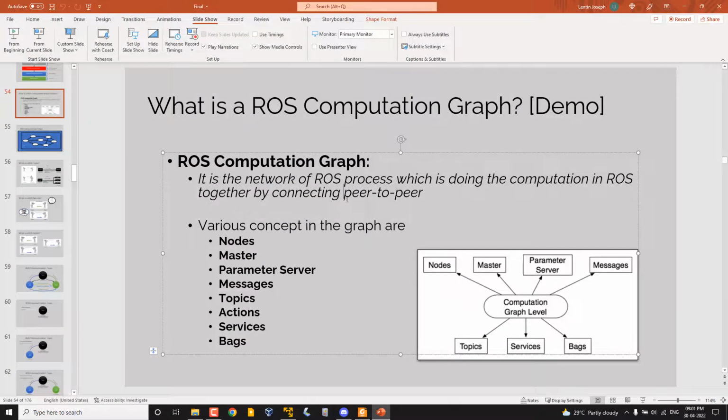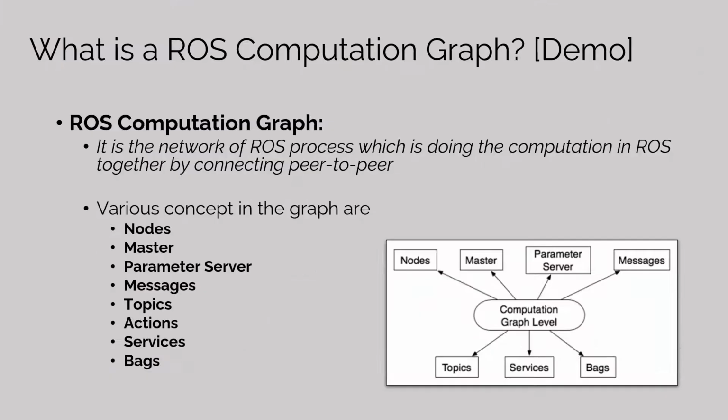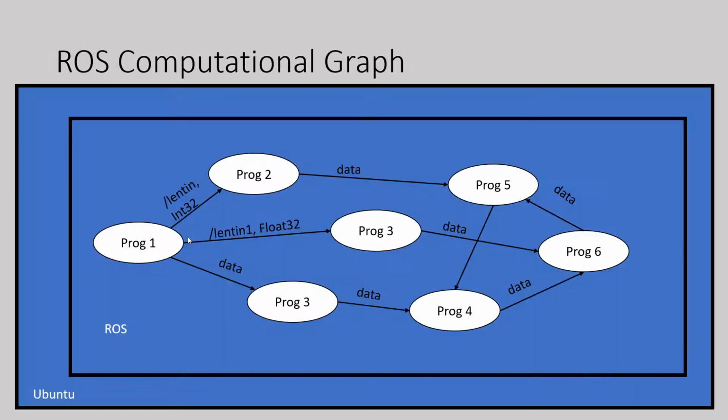So in the last class, I was basically discussing concepts like the ROS nodes, which is basically each process running using the ROS API. If you take the ROS computational graph, each entity in the computation graph is a ROS node, which is actually a process or a program running with ROS APIs, which is doing some computation.